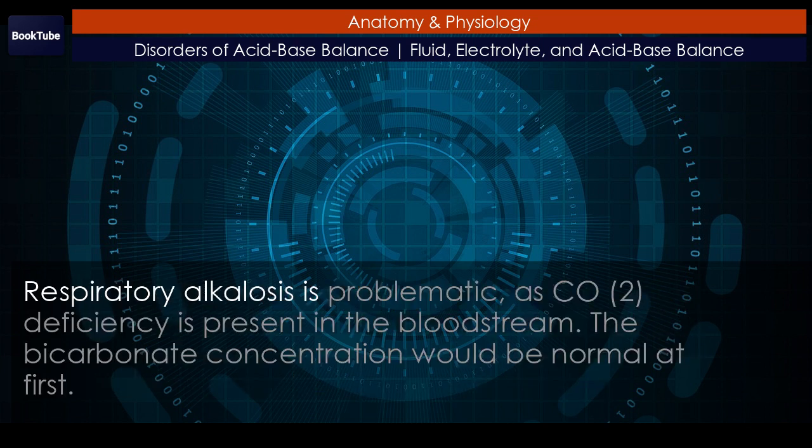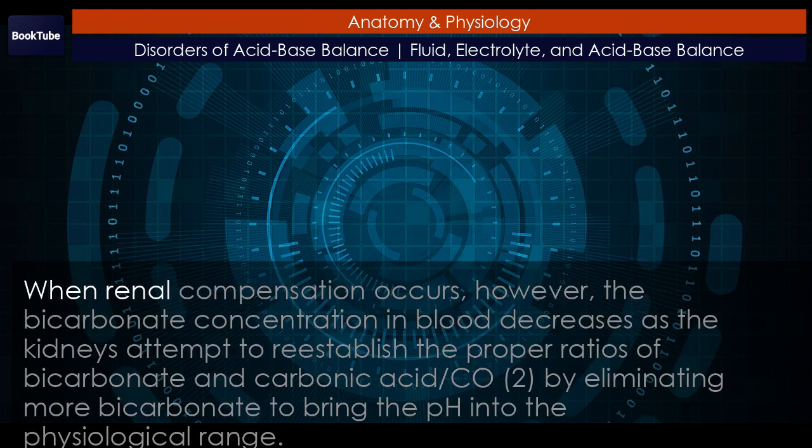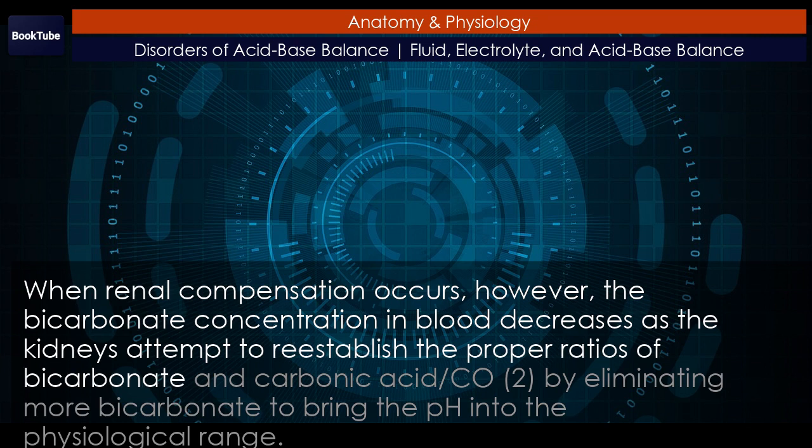Respiratory alkalosis is problematic, as CO2 deficiency is present in the bloodstream. The bicarbonate concentration would be normal at first, before renal compensation occurs. However, the bicarbonate concentration in blood decreases as the kidneys attempt to re-establish the proper ratios of bicarbonate and carbonic acid, CO2, by eliminating more bicarbonate to bring the pH into the physiological range.